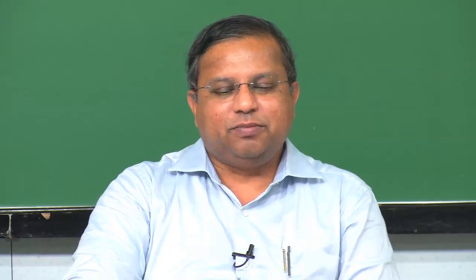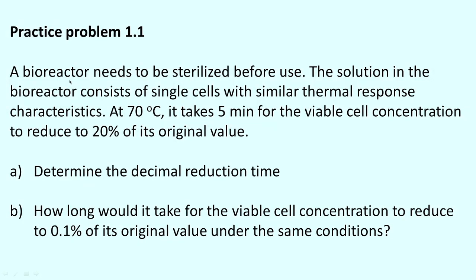The practice problem here reads: a bioreactor needs to be sterilized before use. The solution in the bioreactor consists of single cells with similar thermal response characteristics. So, it is going to be a single line that is dropping. At 70 degrees C, it takes 5 minutes for the viable cell concentration to reduce to 20% of its original value.